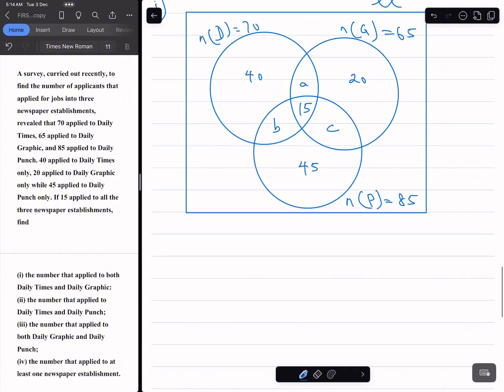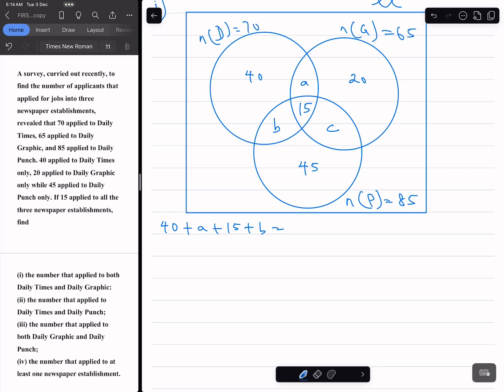I know that 40 plus A plus 15 plus B, everything inside the circle, will be equal to 70.